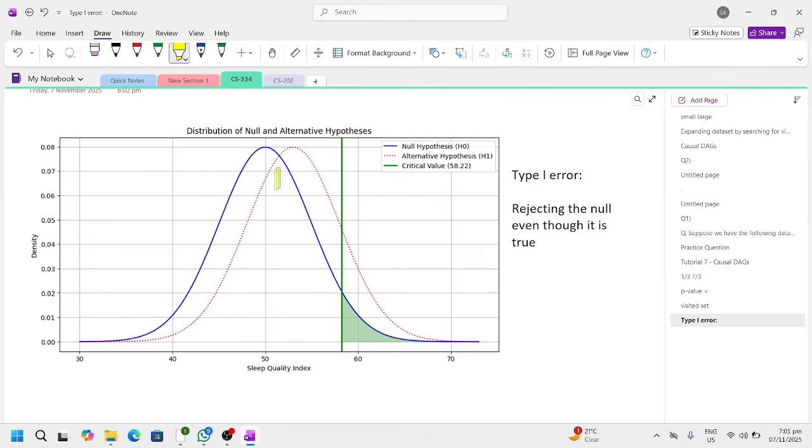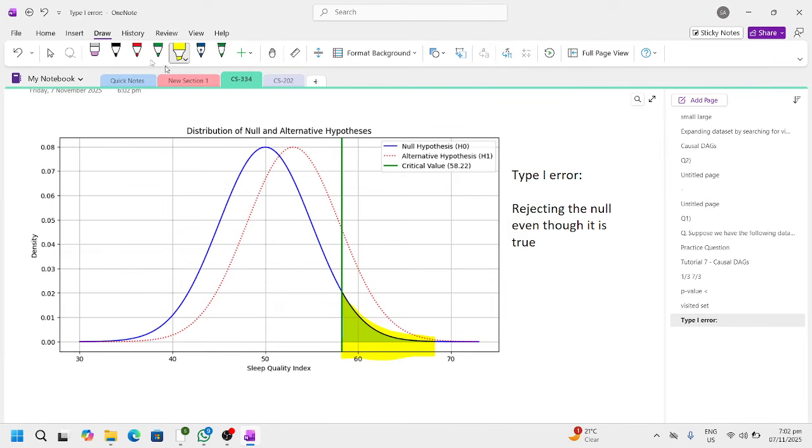Let's recall. You can completely ignore the curve in red because we have specified this already. Even though it is true, we know that the null hypothesis is true. Assuming that the null is true means you will only look at the blue curve. When will you reject the null hypothesis? When the test statistic value falls in this region, when it's greater than the critical value.